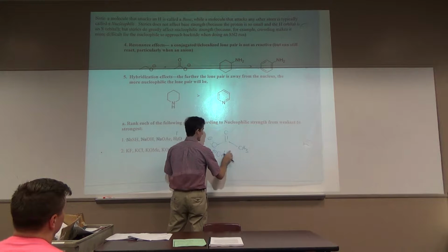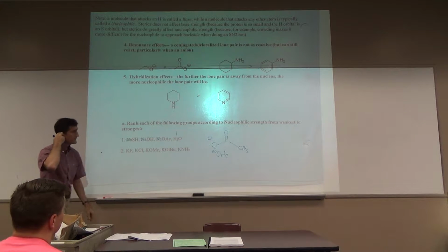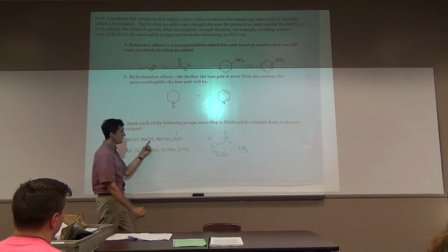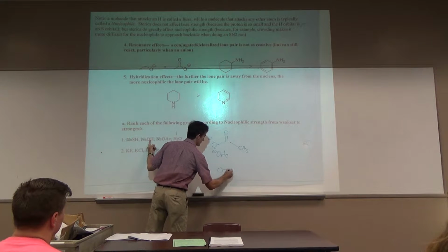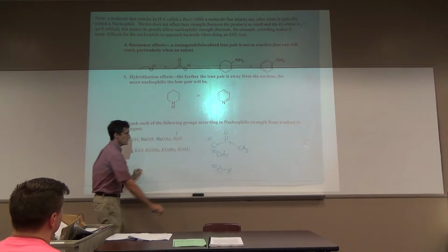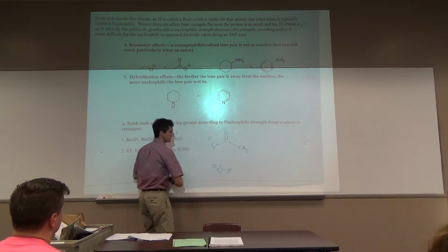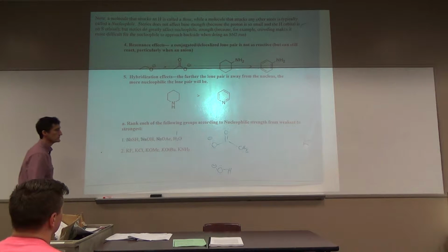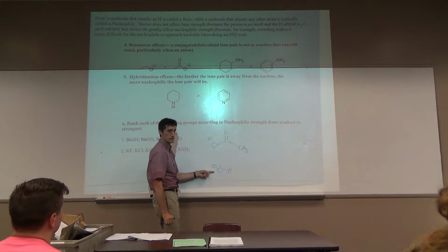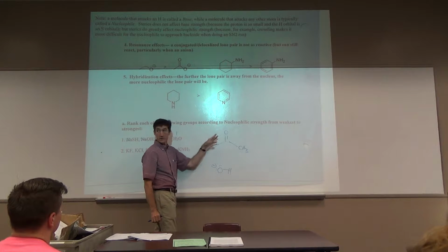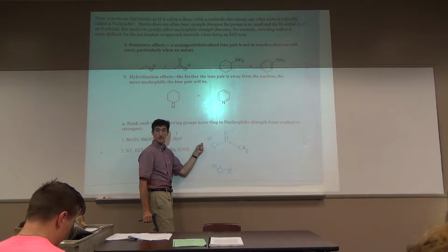Compared to the other oxygen, which one's stronger? Hydroxide's stronger. Why is acetate weaker? It's got resonance, because this is really not an anion. The anion is delocalized by resonance.